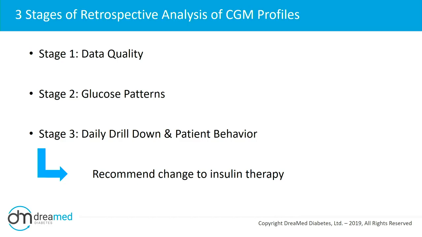There's a lot behind this, what is good quality data. Then we're going to look at patterns, from 3,000 feet off the ground. And only after that, we're going to drill down and see if there is something in the day-to-day. We'll give you some examples of what each one of these stages means.